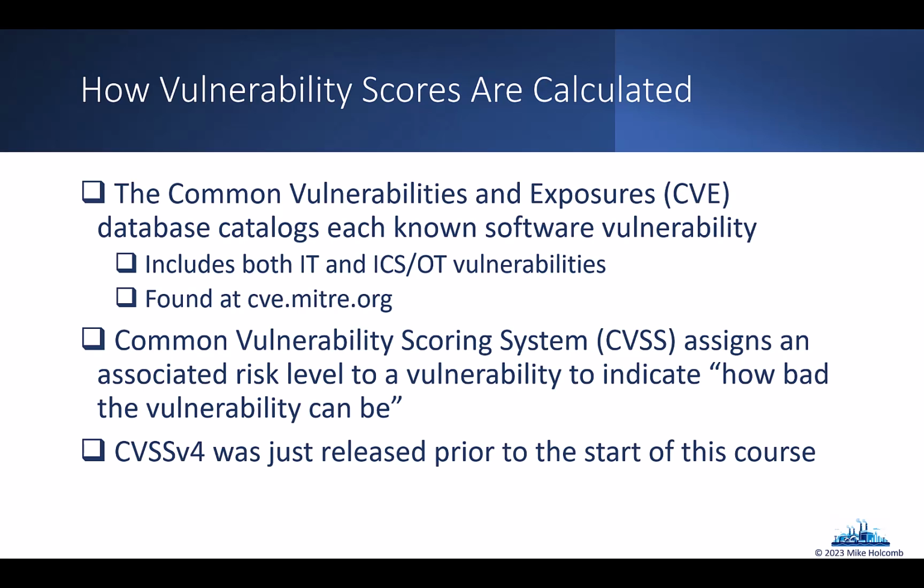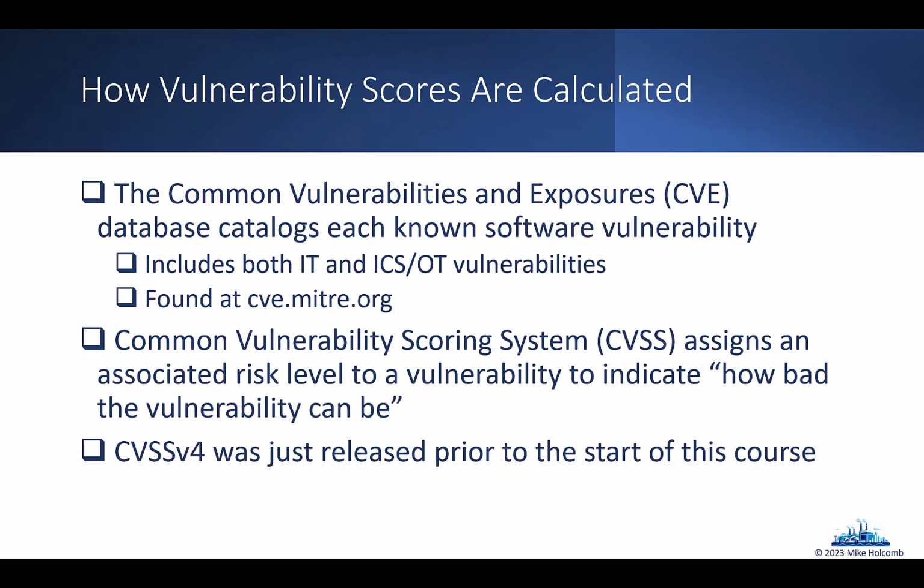Now remember, each of those vulnerabilities that's cataloged in the CVE database should get assigned that CVSS, Common Vulnerability Scoring System, right? And that's the 0 to 10 we were talking about earlier. How bad is it if an attacker took advantage of this vulnerability? 9 to 10, that's the worst of the worst. That's critical.